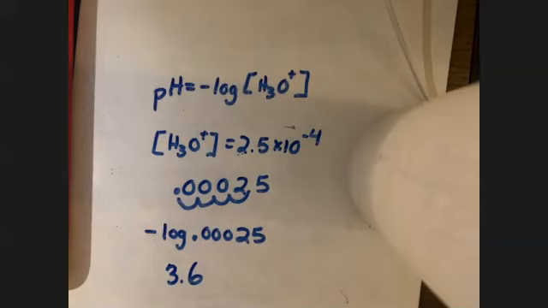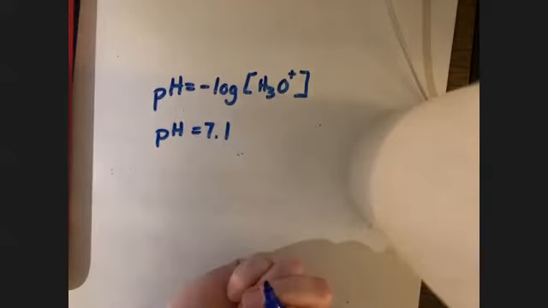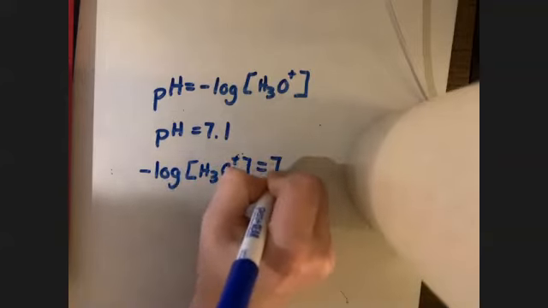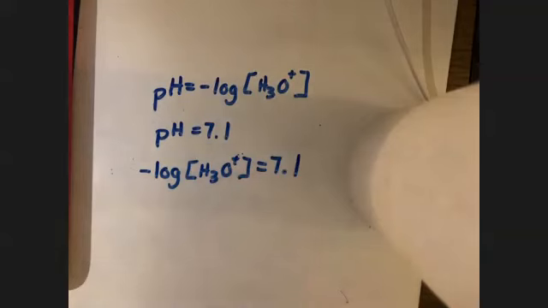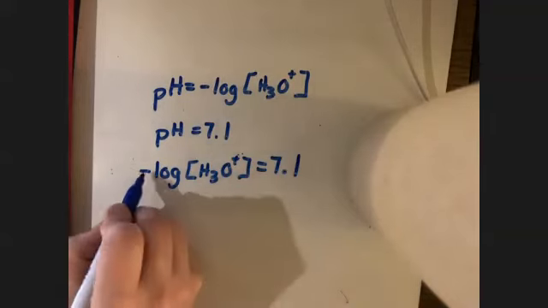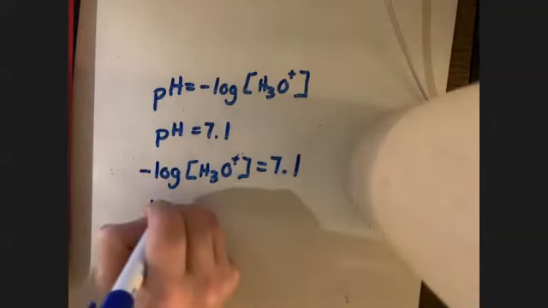Okay, good. Now, on this next one, they ask us to find the hydronium ion concentration if something has a pH of 7.1. The way we're going to do this is we need to switch from exponential to log, or from log to exponential. So first off, I'm going to divide the negative under.